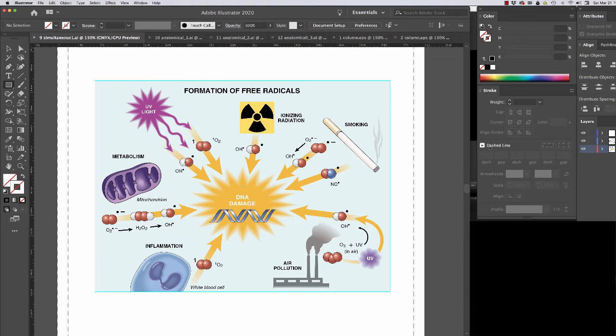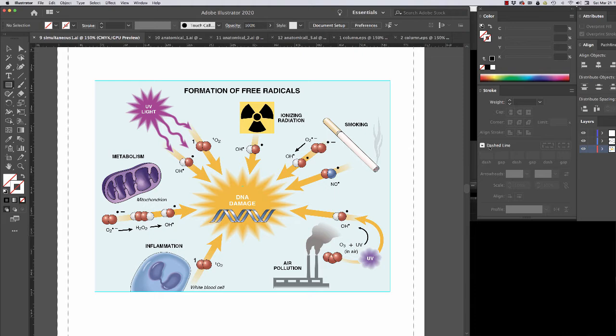This is a bit of an extreme case because we see that there are many, many pathways all leading to the same ultimate outcome. In this case, this is showing how there are different processes both within the body, such as things like neutrophils producing oxygen radicals, or the process of just normal metabolism in the mitochondria producing free radicals.